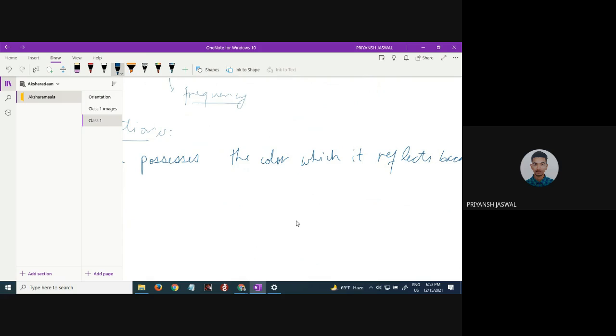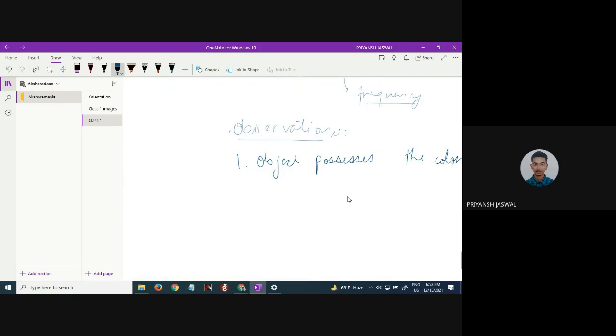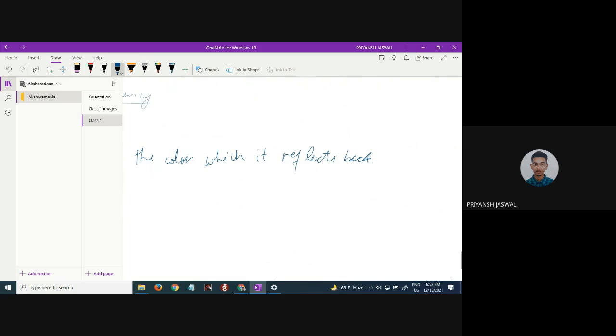So the blue paint material will absorb all the violet, indigo, green, yellow, orange, red, and will reflect blue. The red paint will absorb all the violet, indigo, blue, green, yellow, orange, and only reflect red. So we say that the object possesses, that is, the object has the color which it reflects back.